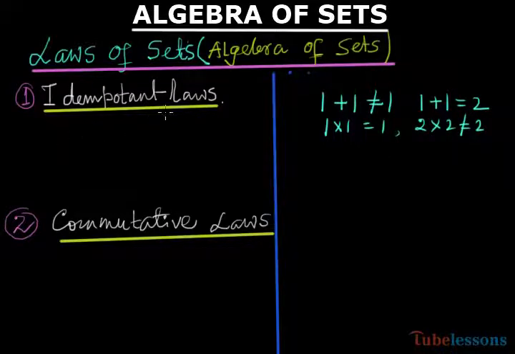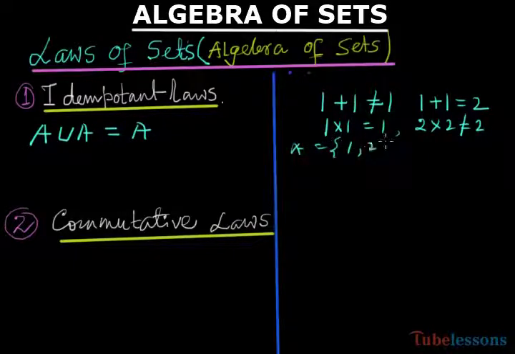But in the case of sets, if we operate A with A, that is, A union A is always A. Suppose A is equal to {1, 2}.